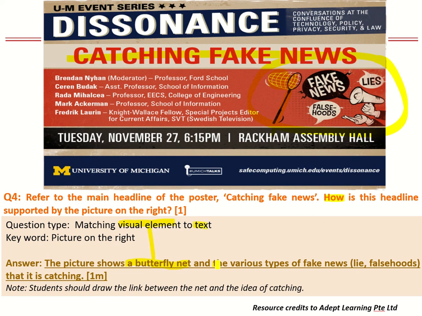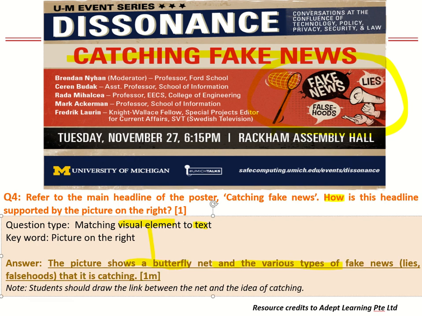The various types of fake news, the lies, fake news, falsehood that it is catching. So the connection here is the picture shows a butterfly net, and it's catching that. So that's how you do this particular visual text.